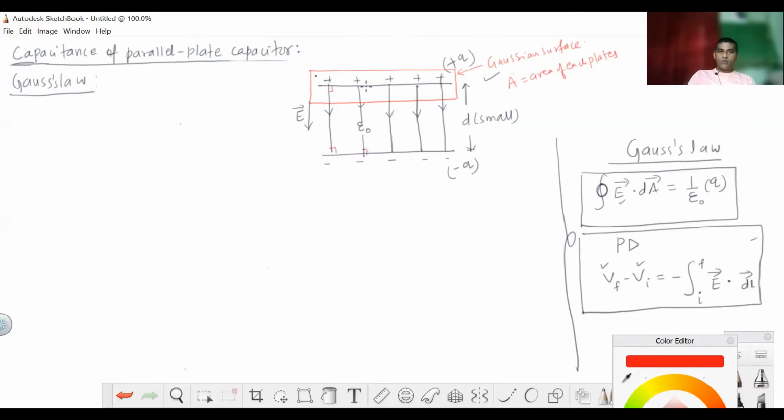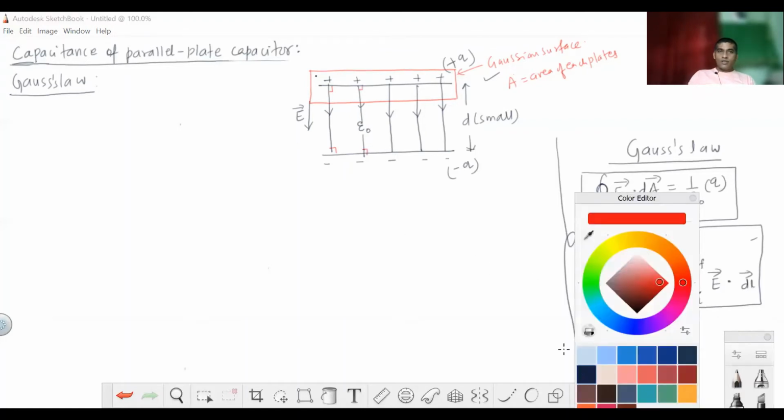Now let us take a small elemental area of the Gaussian surface, and let its magnitude be dA.